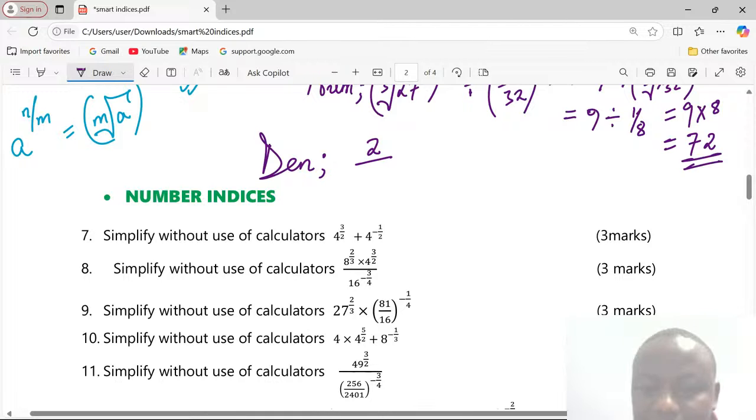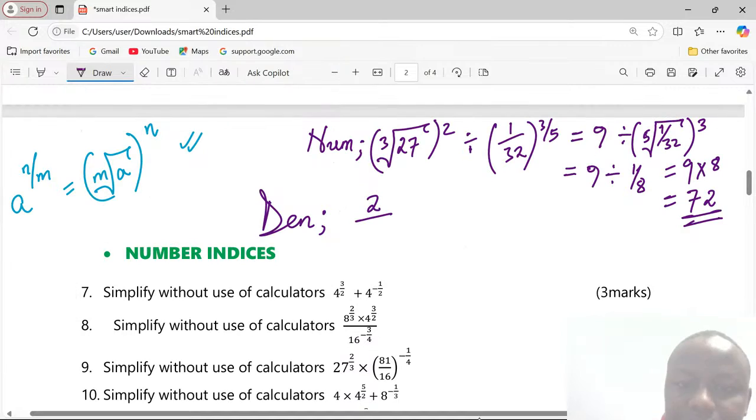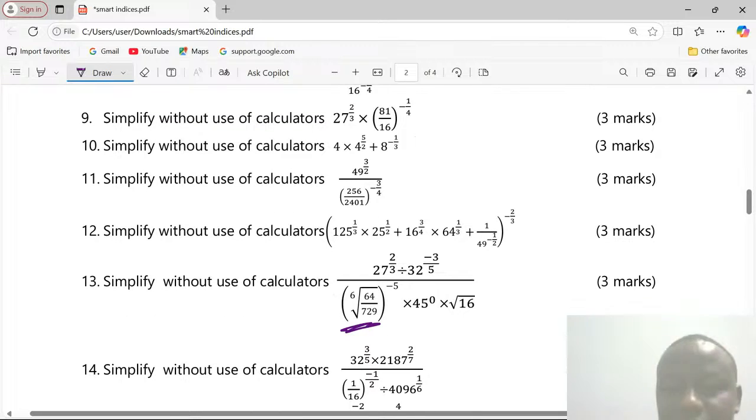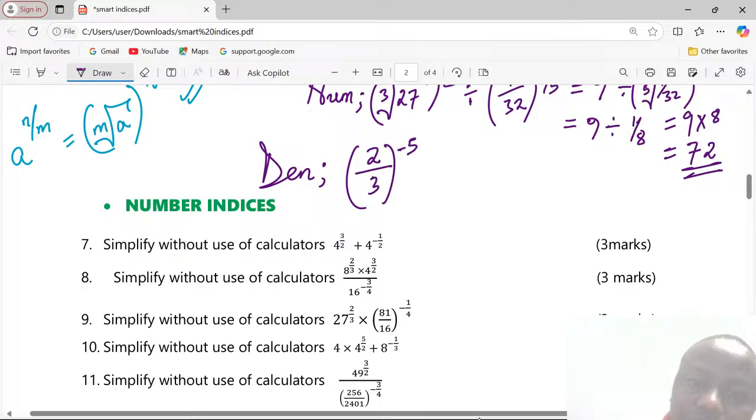Divide by the sixth root of 729. That's going to be 3. Then everything now is to power -5. Yeah, that is from the first term. Then multiplied by 45 power 0. That's multiplied by 1.